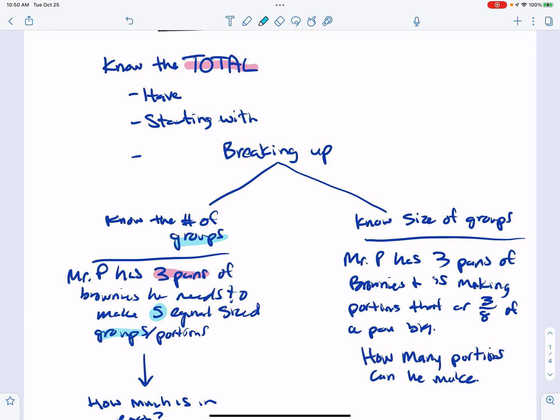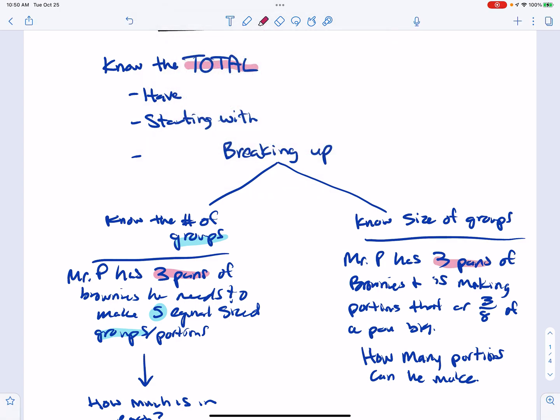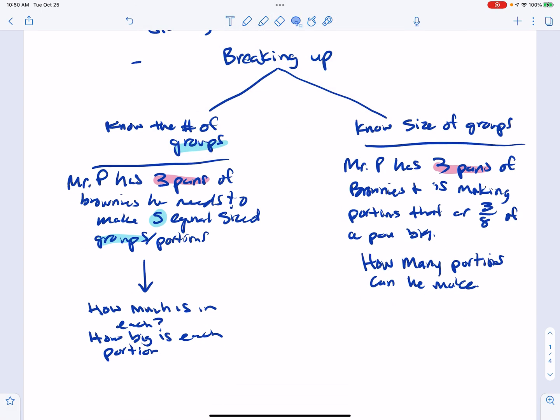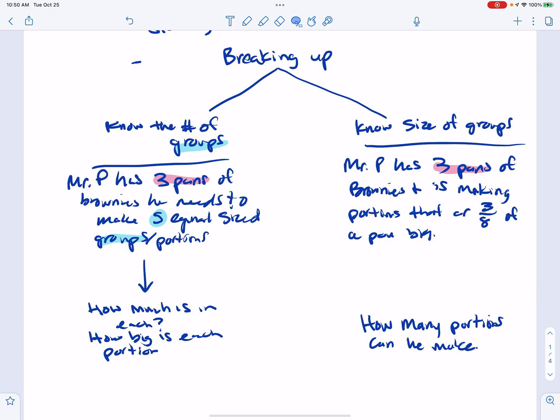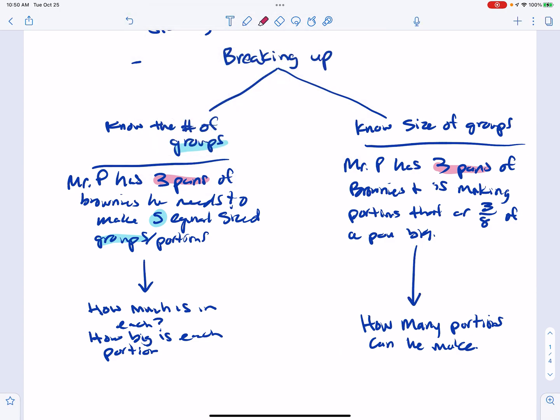So we know our total has 3 pans, and this time I'm going to make this look the same as that one. The question is asking this. So we are going to be looking at each size, each portion is 3/8.